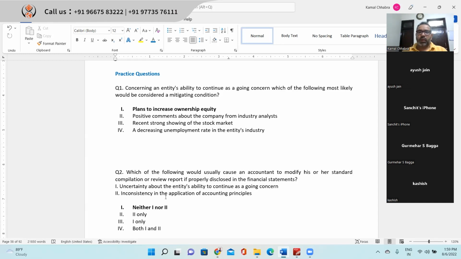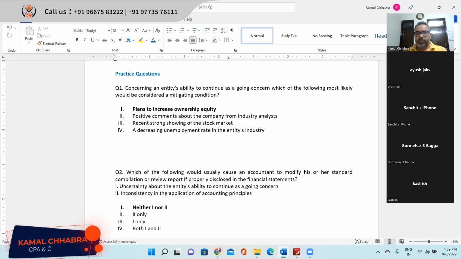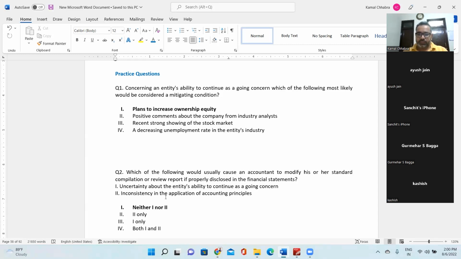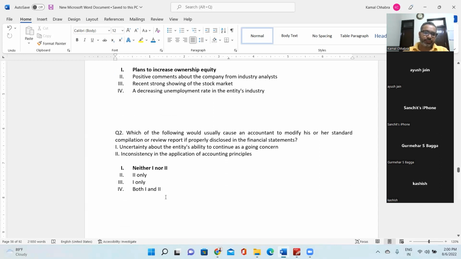Sometimes in the question you will see all the answers are right, but you need to select the best right answer. Industry is supporting, employment rate is reducing, stock market is increasing. Those are external factors, but the core thing is the additional infusion of capital for your sustainability, right?